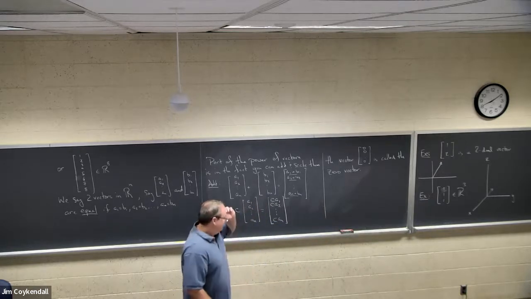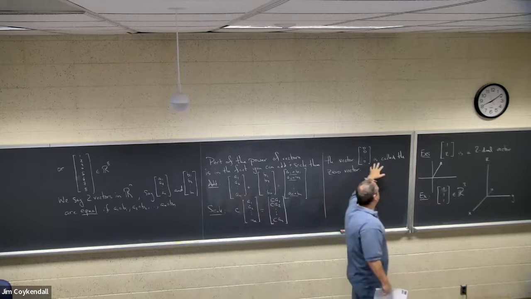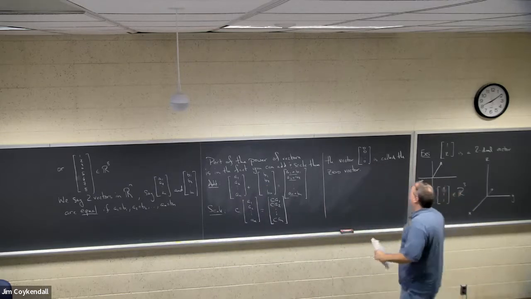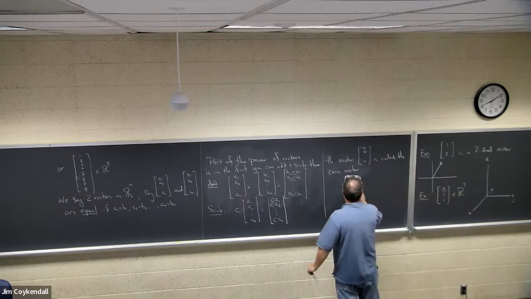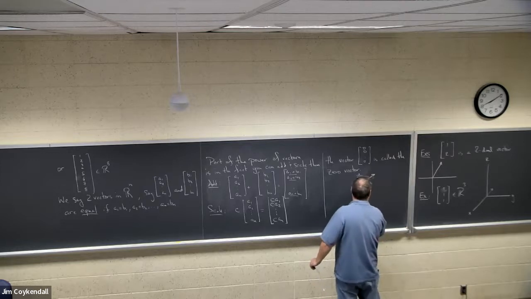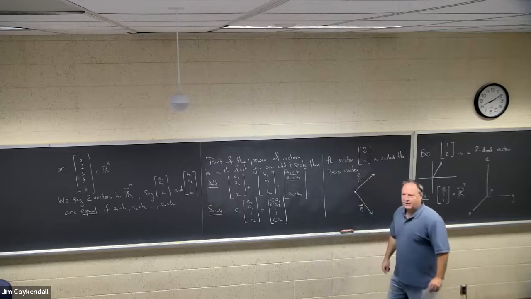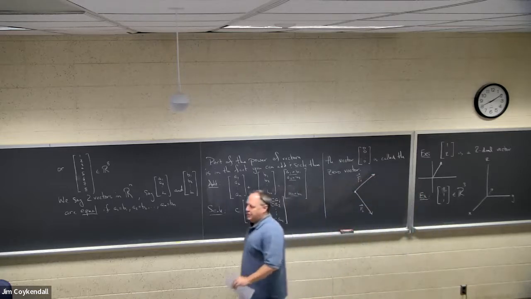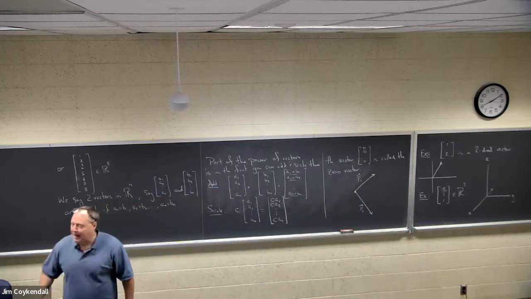In fact, oftentimes in physics, you'll get problems like this, where you have a force pulling in this direction that's used as a vector, and a force pulling in this direction, vector, and you have to find a force that balances this.